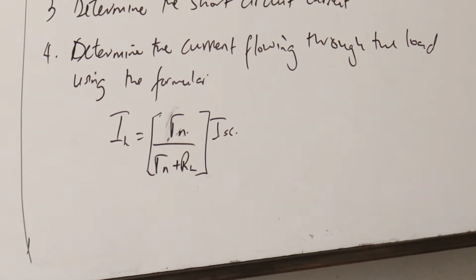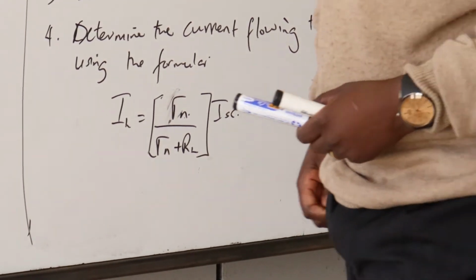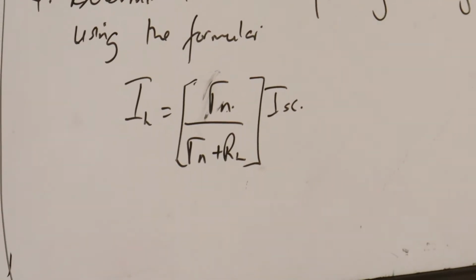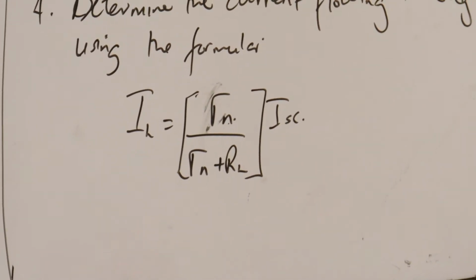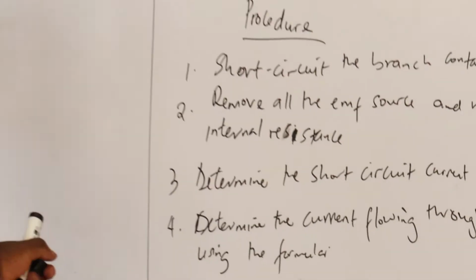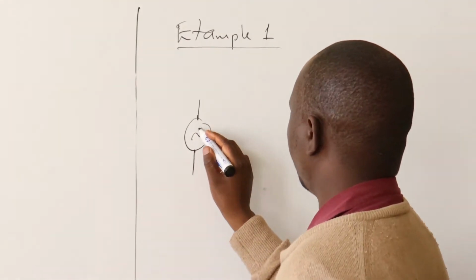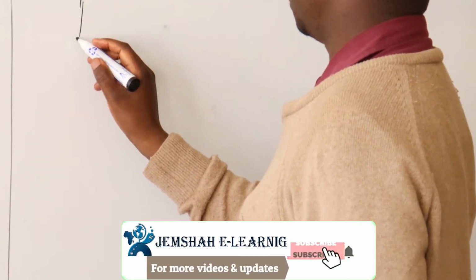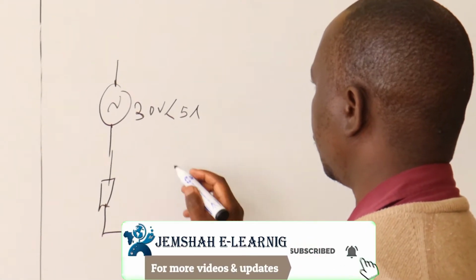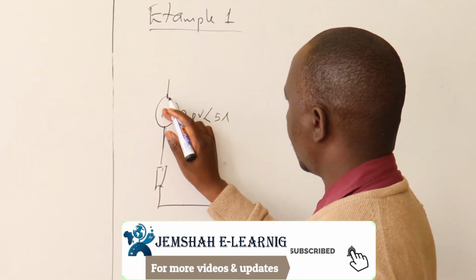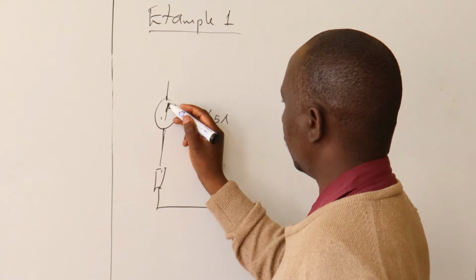From here, we're going to have an example of the circuit. This is example 1. We have 30 volts at angle 15 degrees, then the resistor, and let us indicate the direction of the current of the supply.